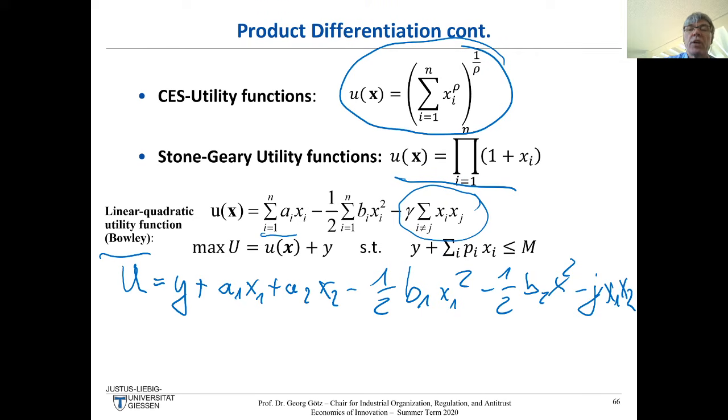That's how it should look. That's your utility function, this linear quadratic utility function.